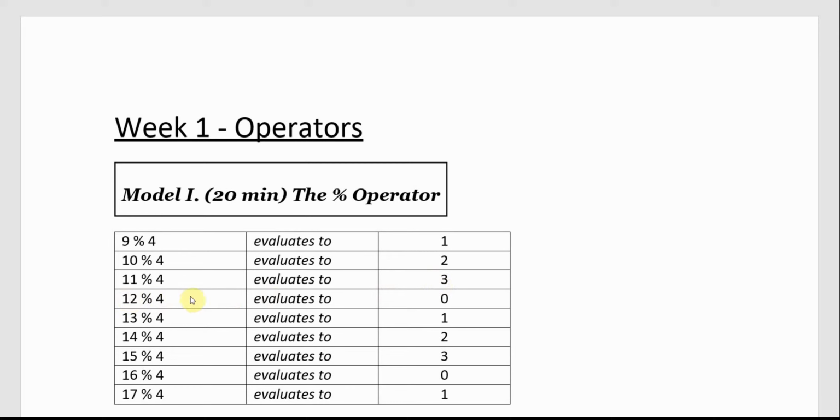And 12 divided by 4 is exactly 3, so the remainder is 0. And then it repeats.